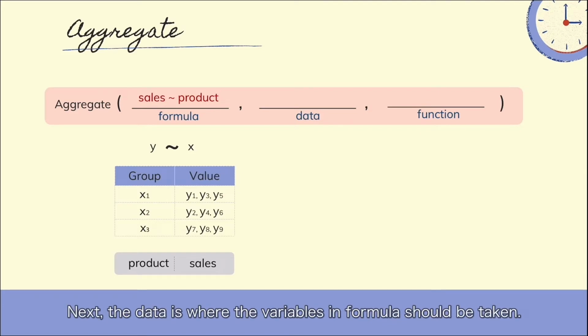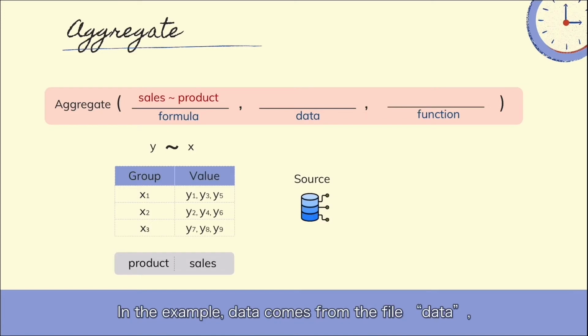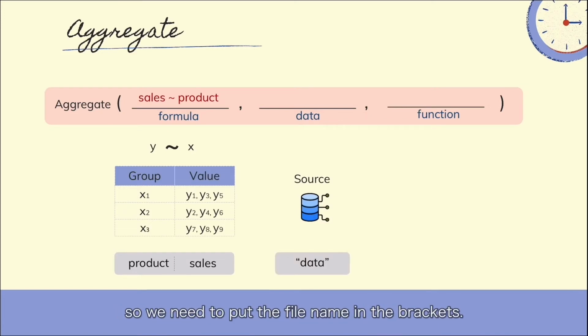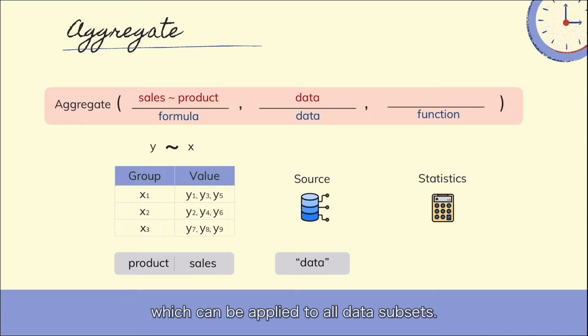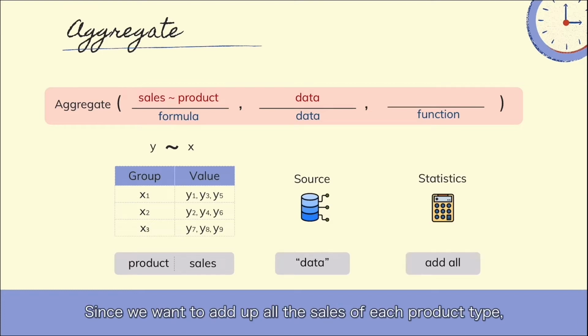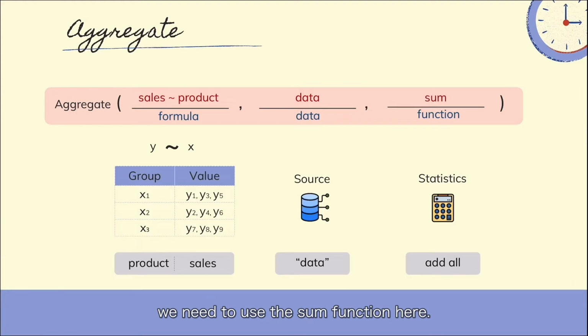Next, the data is where the variables and formula should be taken. In the example, data comes from the file data, so we need to put the file name in the brackets. Last, function in the brackets helps you to compute the summary statistics which can be applied to all data subsets. Since we want to add up all the sales of each product type, we need to use the sum function here.